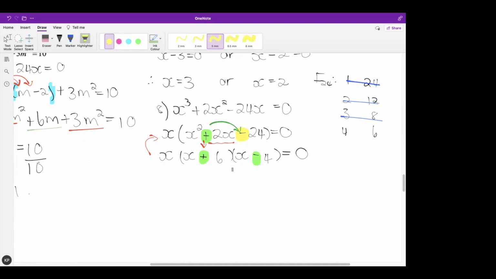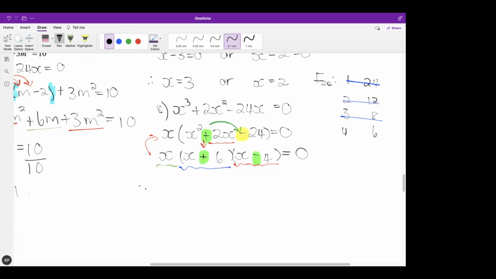So that means either my x minus 4 is equal to 0, or my x plus 6 is equal to 0, or what? What is my third option here? Nicely. Or this x on its own is equal to 0. Nice, guys. So this time, how many solutions do we have?